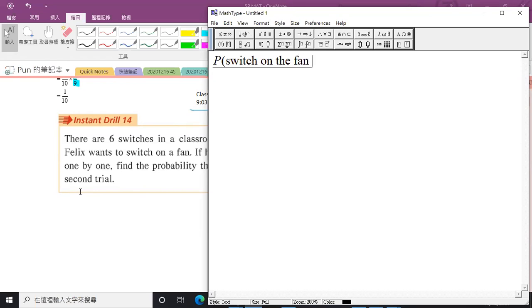So we are going to find the probability that he can switch on the fan on the second trial. That is, the first trial is not the fan, and the second trial is the fan. Can you see this?